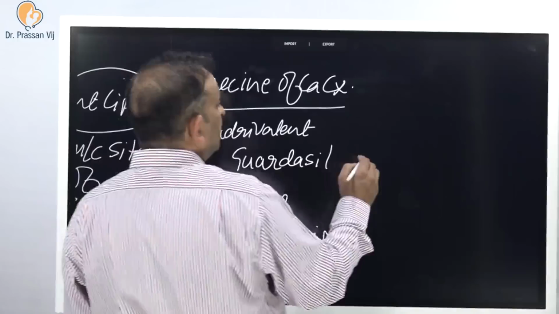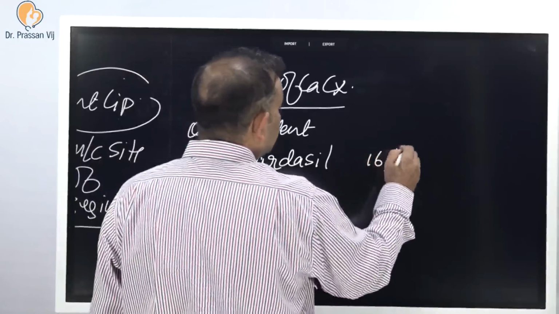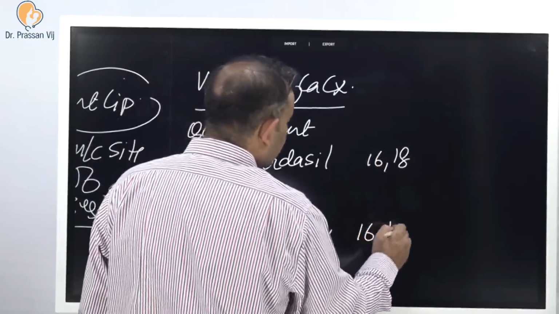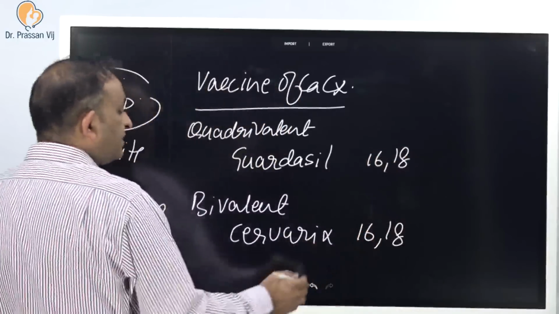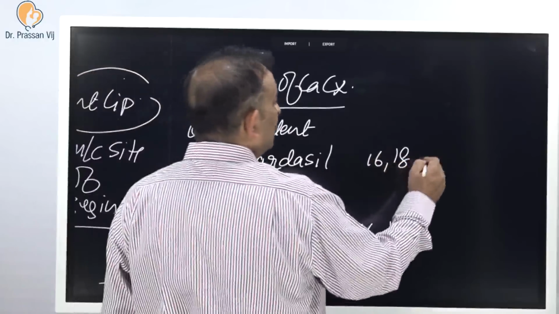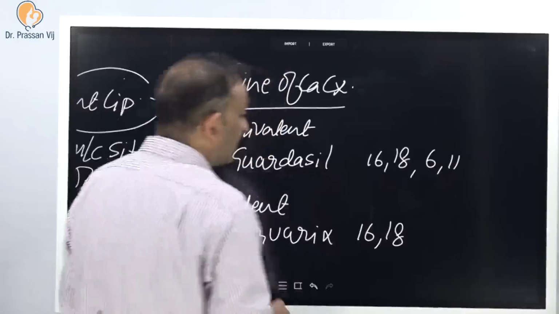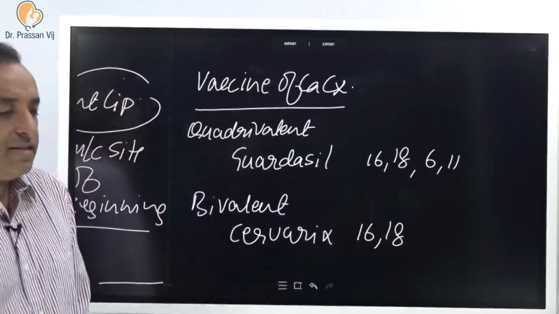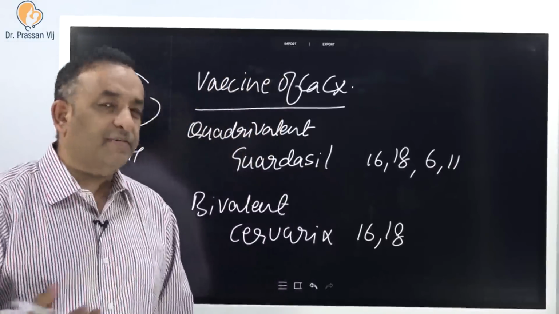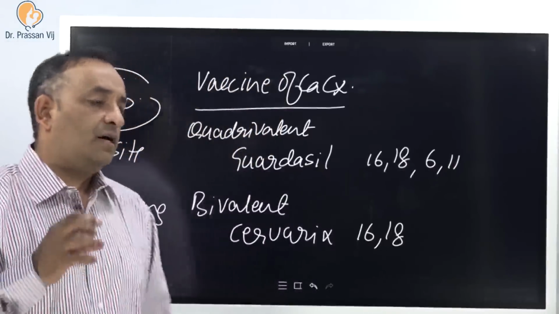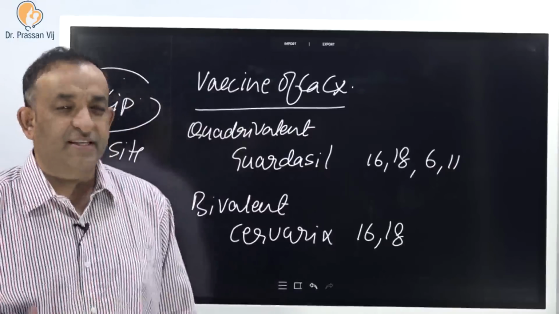So, Gardasil, of course, both of them will be guarding against 16 and 18. Cervarix is only 16 and 18. Gardasil will also have the 6 and the 11 serotypes taken care of. So, Gardasil has more serotypes, but both of these mainly center around the serotypes 16 and 18.